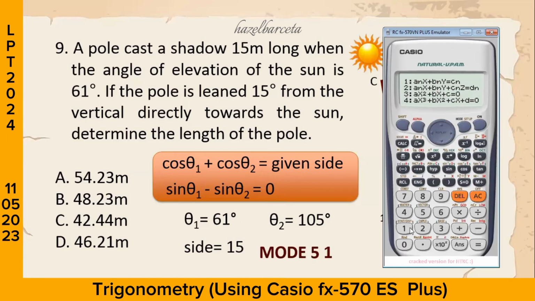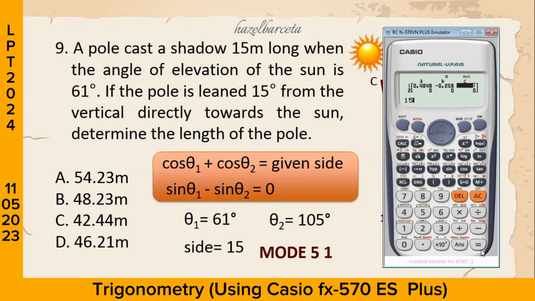Mode 5.1. So, ayan, makikita po natin. This is for A, B, and C. So, the first is cosine theta 1, where theta 1 is 61. So, ganyan lang po ang ating pag-input ng ating value and press equal sign to enter the data. And the second is cosine theta 2, which is 105. Kapag lagi na po tayong nagsasolve, madali na po niyang tandaan. Nasa dugo na lang yan.